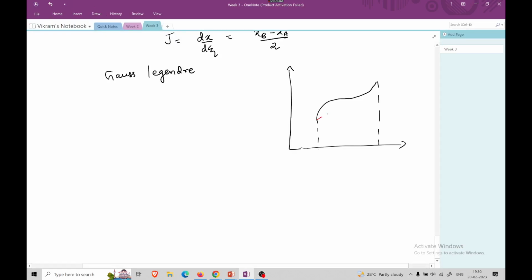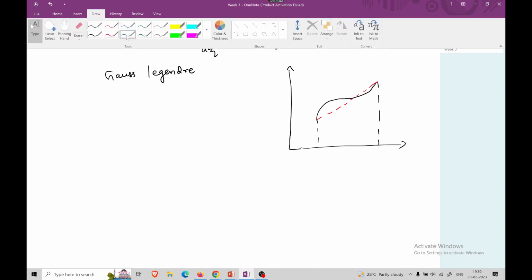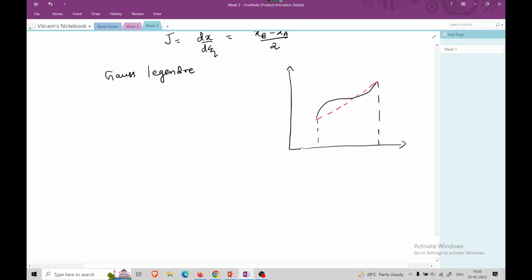So this will be my trapezoidal rule, the interpolation for this one. You have another point, you have 3 points, so this will be some quadratic interpolation, Simpson's.